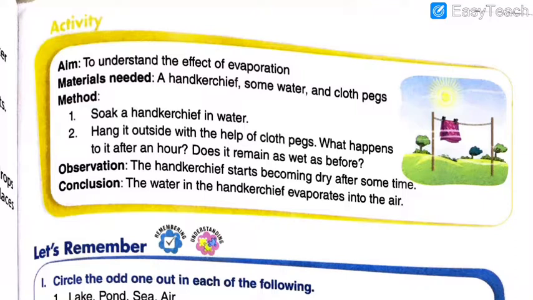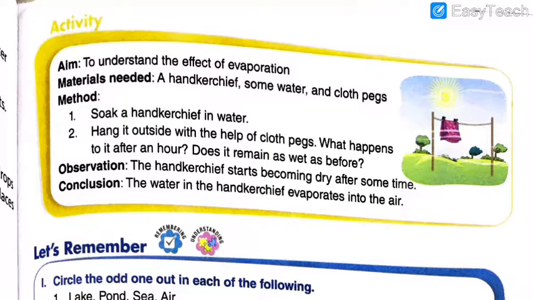The method is to soak a handkerchief in water and hang it outside with the help of the cloth pegs. That means the clips you use to hang the cloth which is full of water. So what happens to it after an hour?